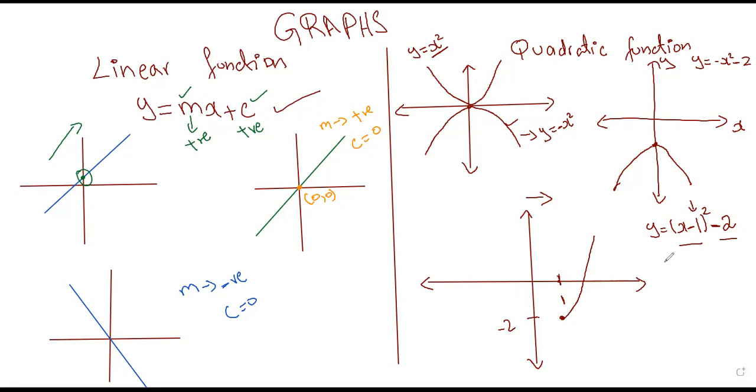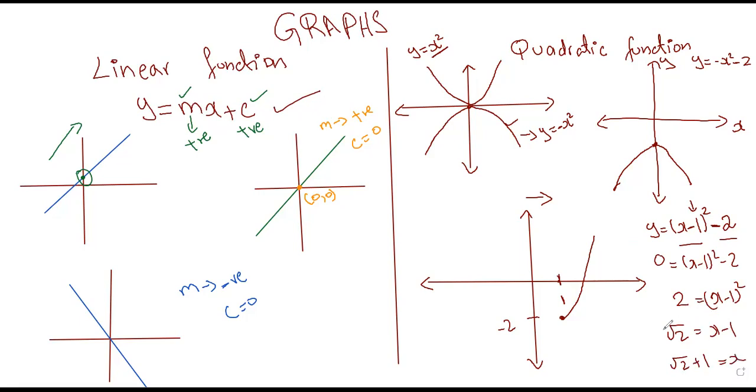Okay, let's do it. We know that y would be 0 at the x-axis. So we have (x minus 1) squared minus 2 equals 0. So 2 equals (x minus 1) squared. We need to take the square root of 2 to get x minus 1. So it is square root of 2 plus 1 equals x.